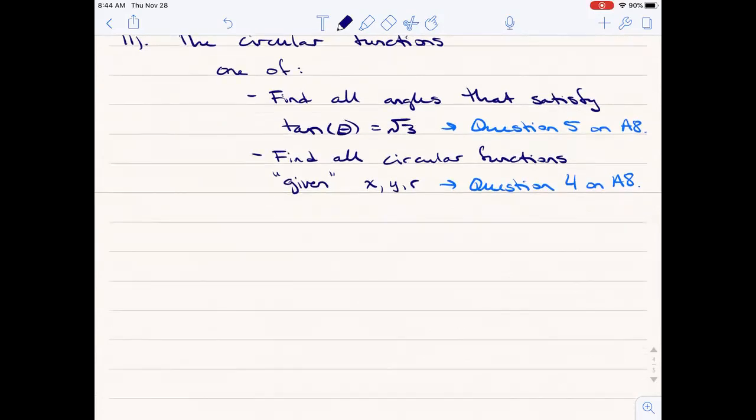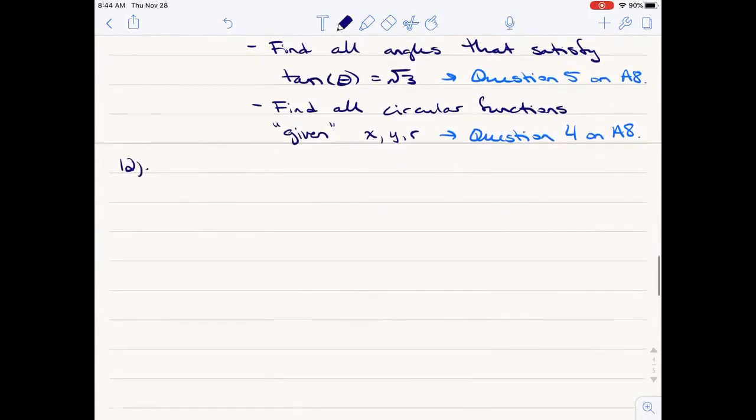Correct me if I'm wrong, though. So question 12 is on the law of sines and find the area.